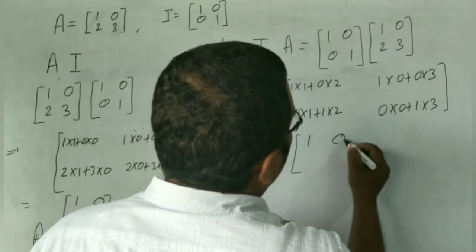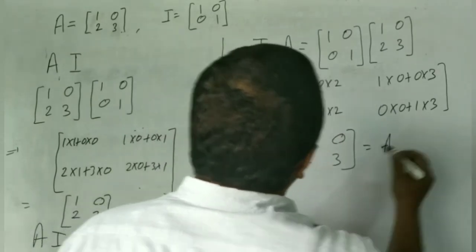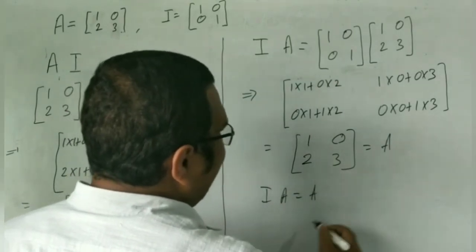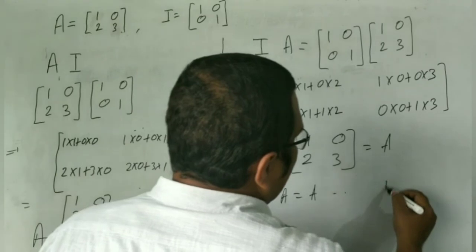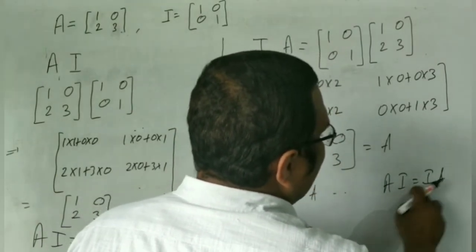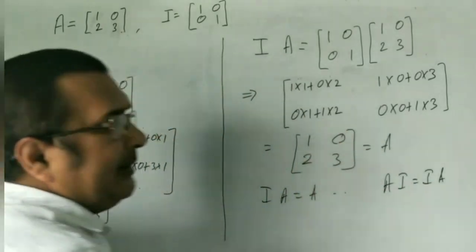This is 1, this is 0, this is 2 and this is 3. This is also A. So IA is equal to A. So remember, AI is equal to IA. BI is equal to IB. This is only possible when one of the matrices is the identity matrix.